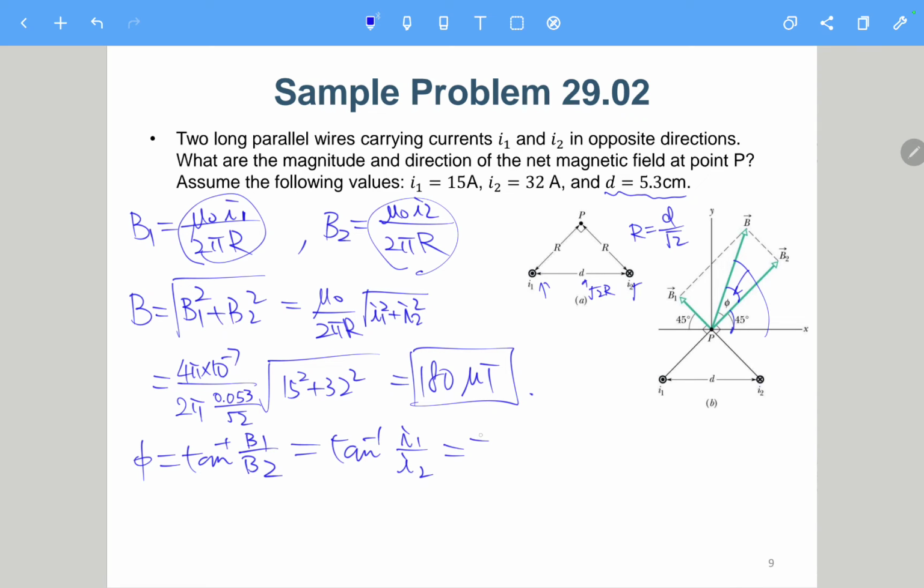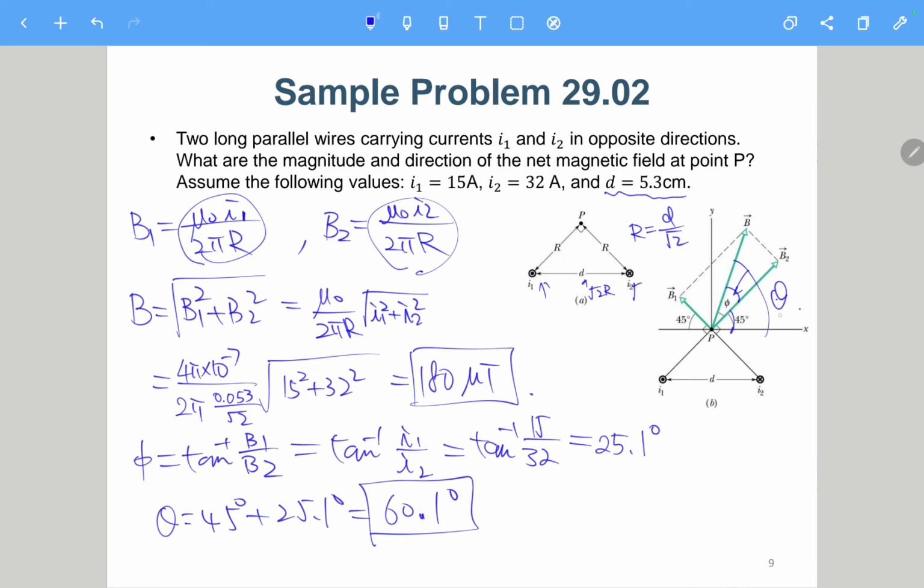So it is actually arctangent of 15 over 32, which is 25.1 degrees. Let us denote this as theta. Theta will be 45 degrees plus 25.1 degrees, which is 60.1 degrees.